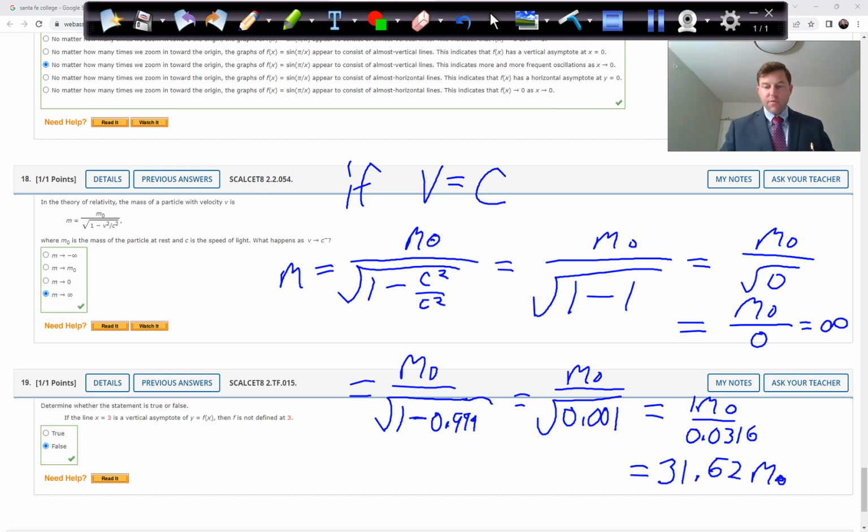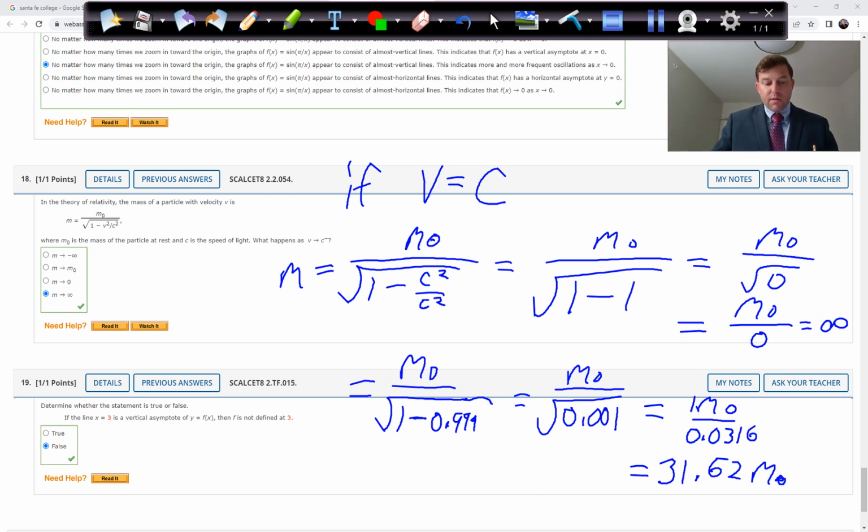So if your mass was 100 kilograms, now you're 3,000 kilograms. So you're 31 times more massive in a relativistic sense. Basically this means that the only thing that can go the speed of light is the speed of light.